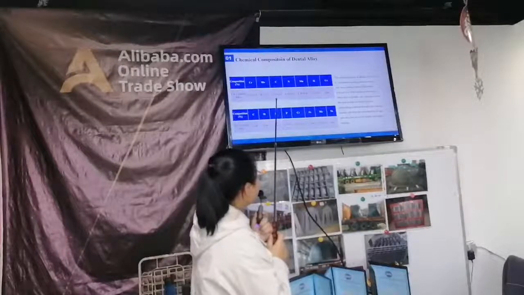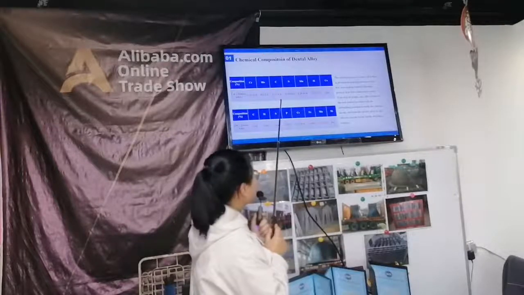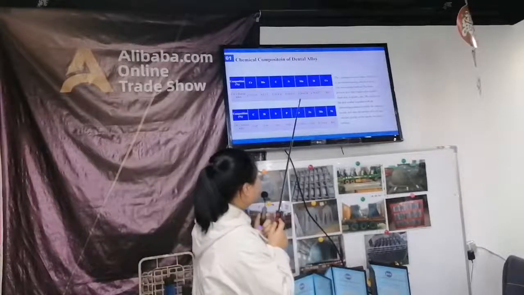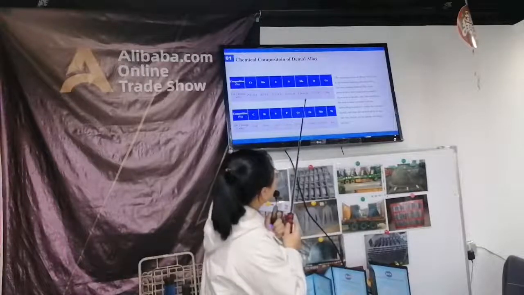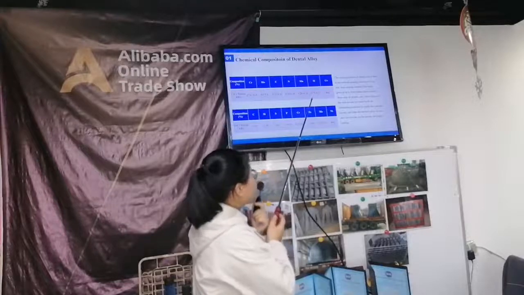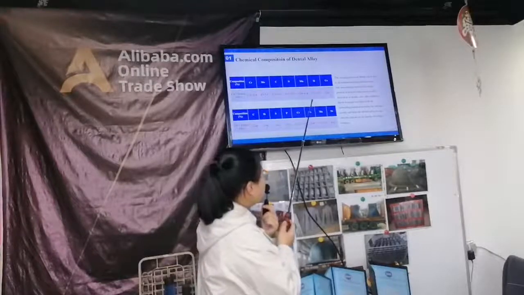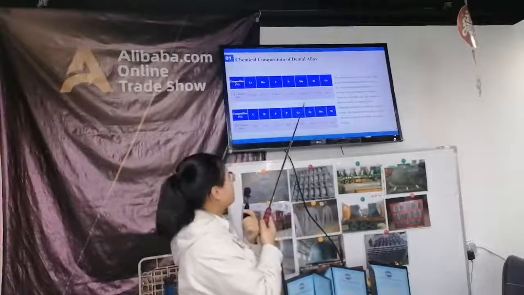For carbide, it's 0.2 to 0.26%. For manganese, it's 0.28 to 0.38%. For silicon, it's 0.75 to 0.97%. And the cobalt is balanced.